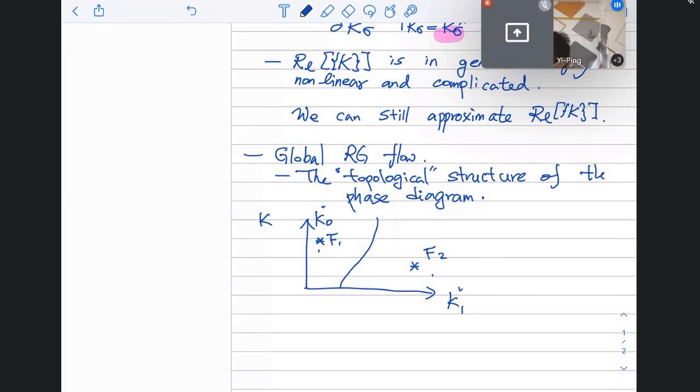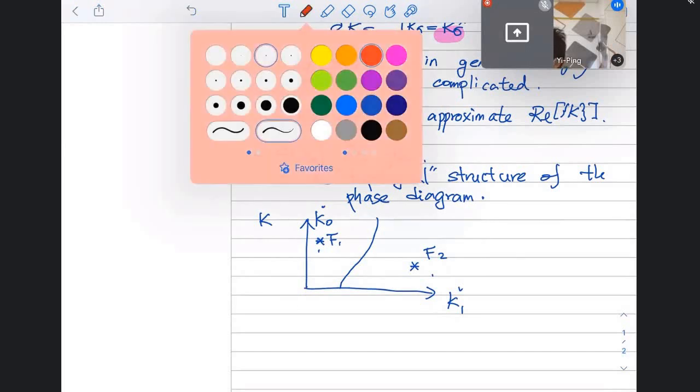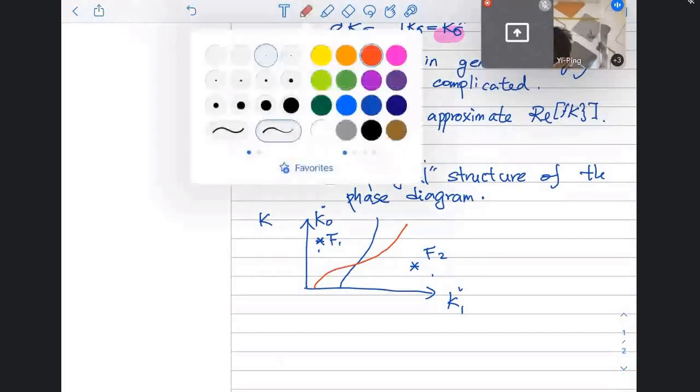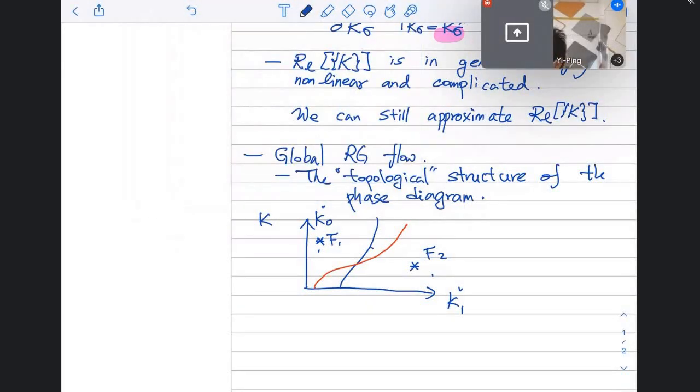If you have another model which has a similar RG flow structure, what does that mean? It means that you still have fixed point 1 and fixed point 2, but the phase boundary of the phase diagram might be different. What I mean by topology here is that the phase boundary is something that you can adiabatically deform, but the property of your fixed points is not changing.